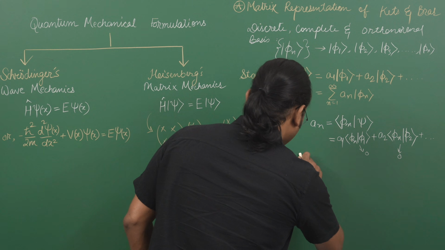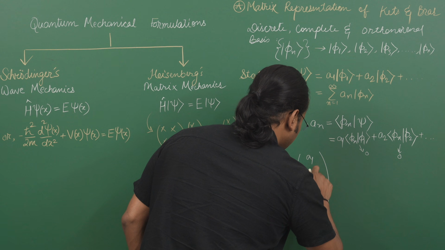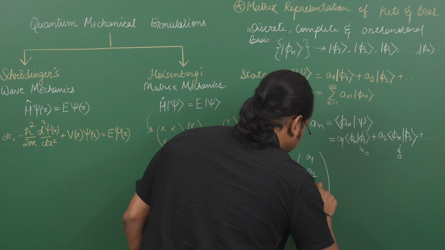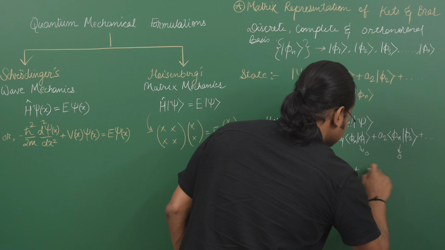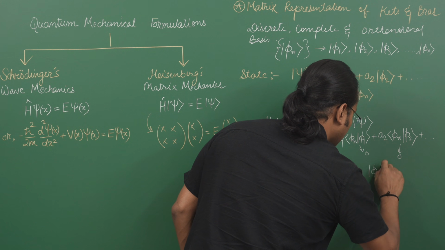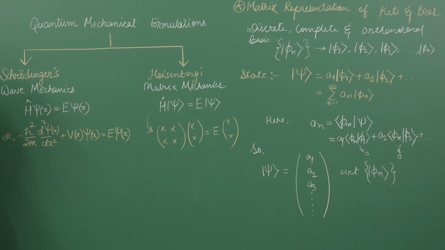So if I have a column vector like this, where I will write a1, a2, a3 and on, then with respect to this given basis, this is a perfectly valid representation of the state vector in this particular space.